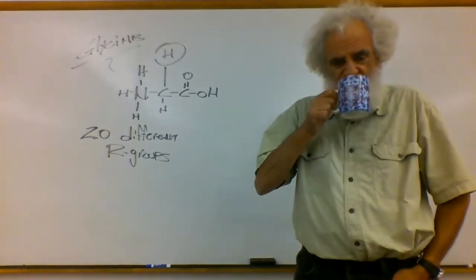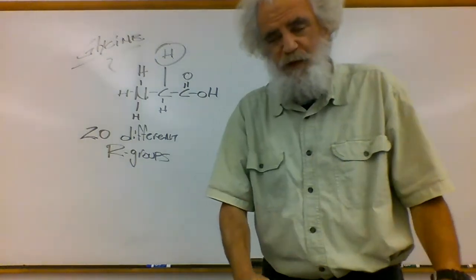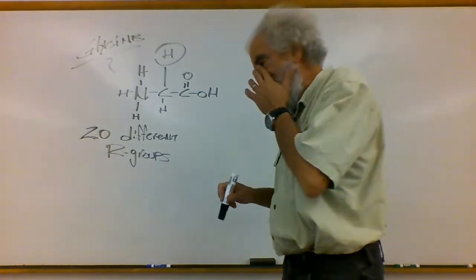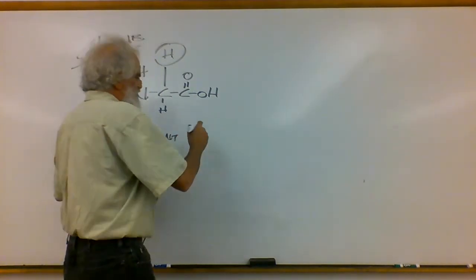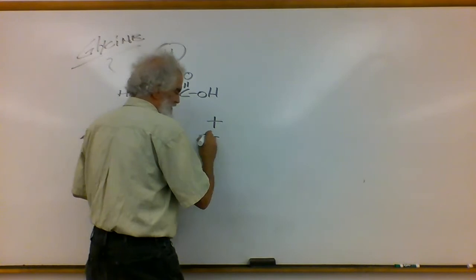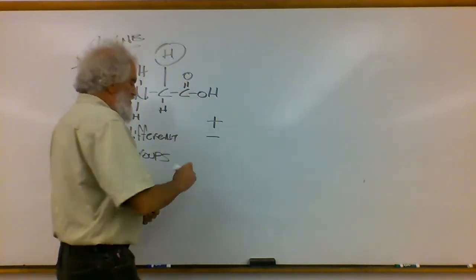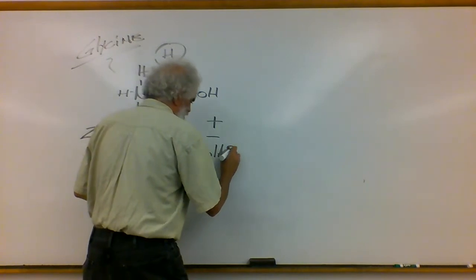Now, the R groups can be classified into these general sort of categories. They can have a positive charge. They can have a negative charge. They can be, in general, polar.